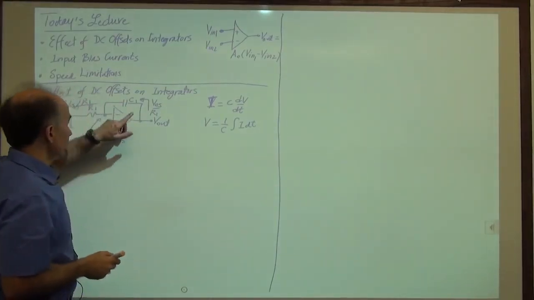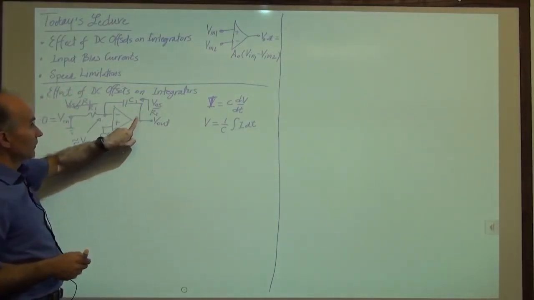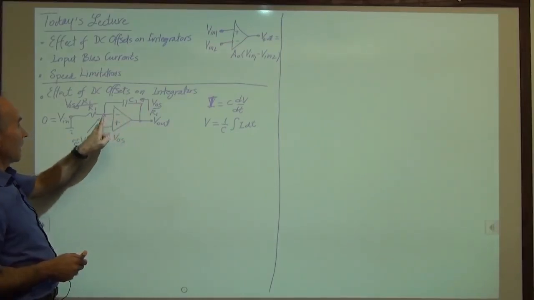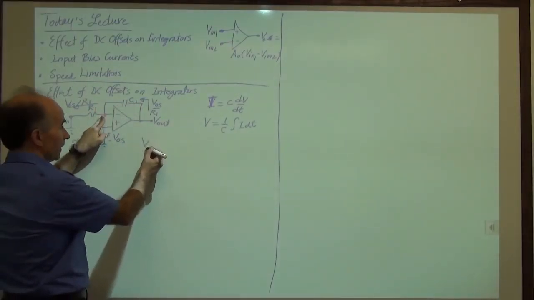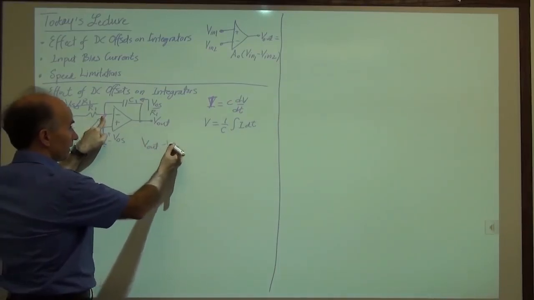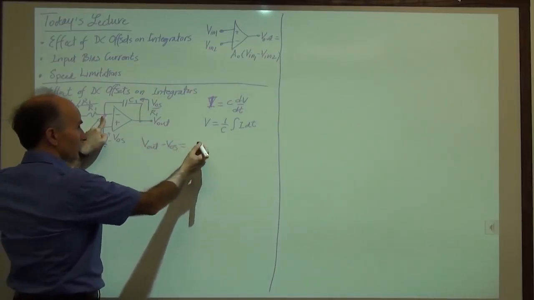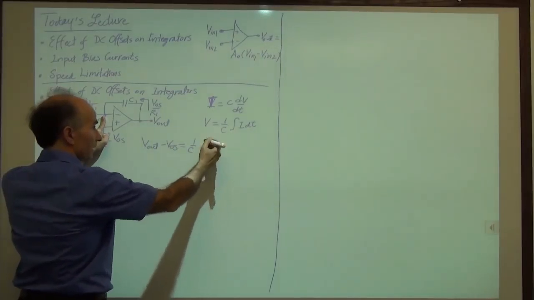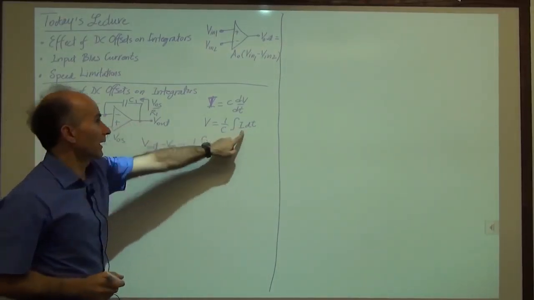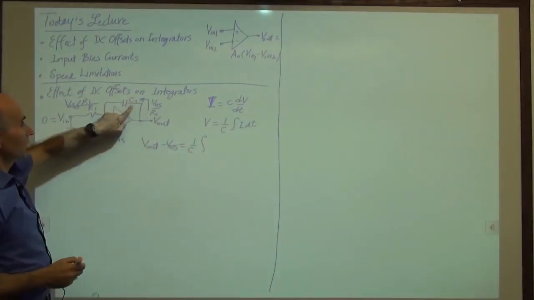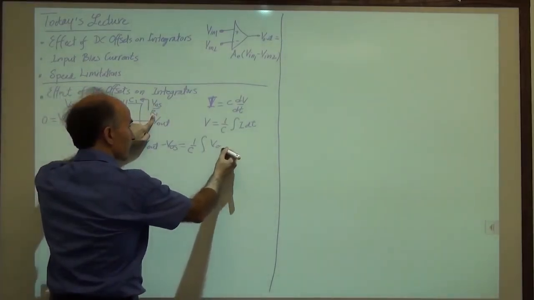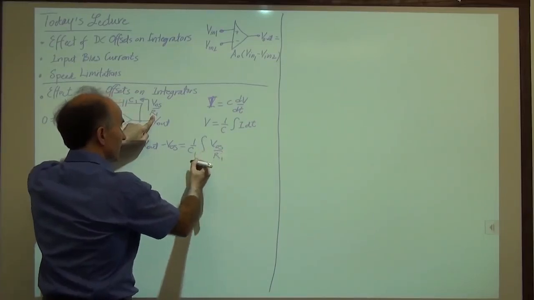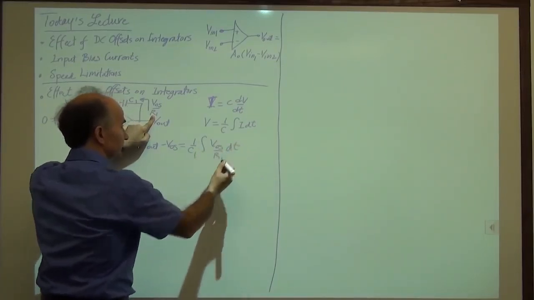Okay, so the voltage on the capacitor, which happens to be equal to V out minus VOS, that's the voltage difference from here to here. So V out minus VOS is equal to 1 over C integral of I dt. I, the current of the capacitor, is VOS over R1. So VOS over R1 is C1 dt.